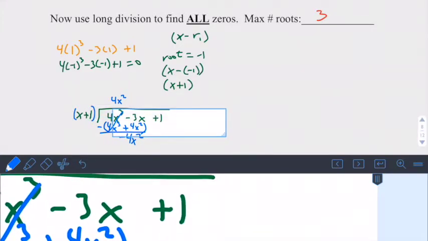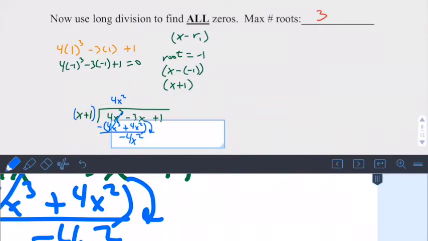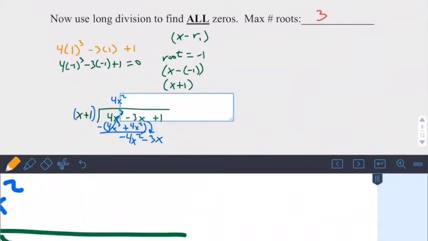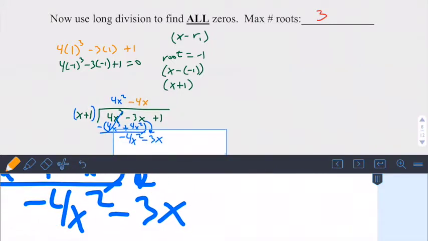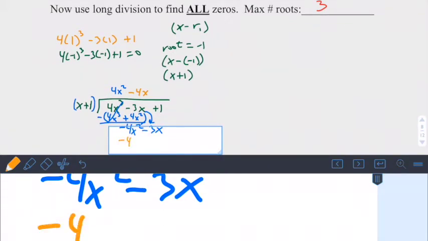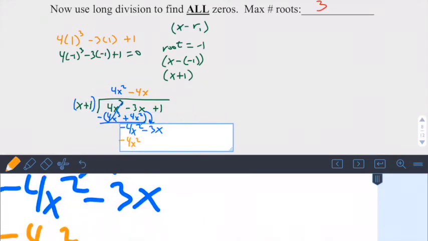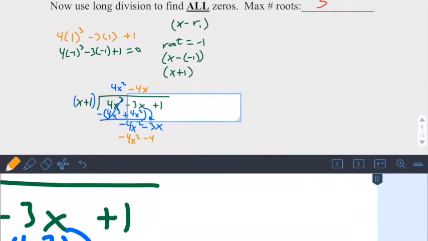And now I'm going to bring down this negative 3x. I continue. Now I need negative 4x times x to give me negative 4x squared. And negative 4 times 1 is negative 4, and there's just 1x.